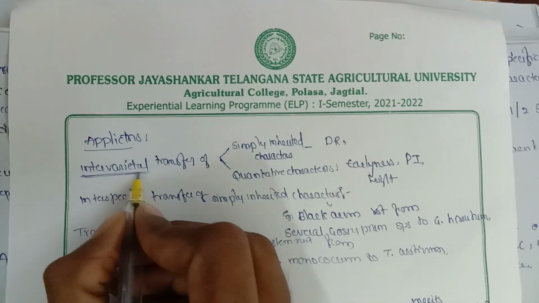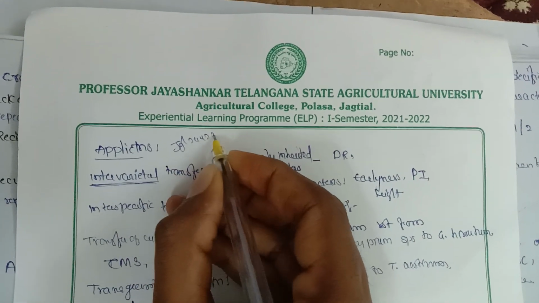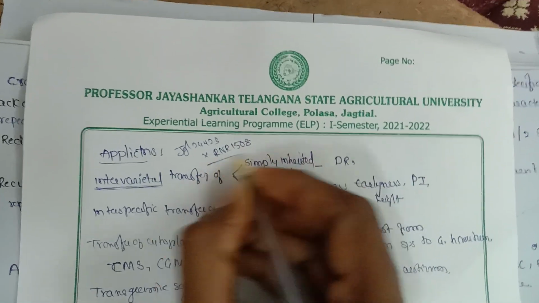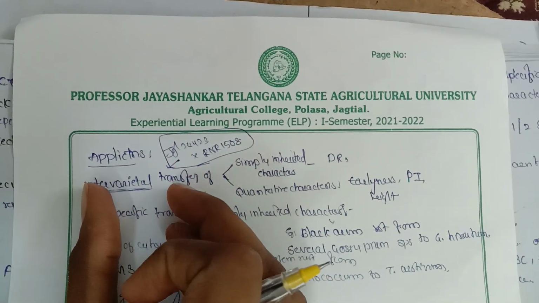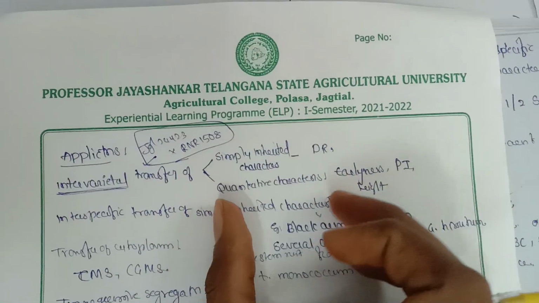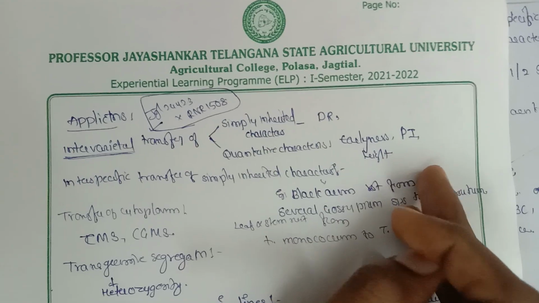It is a cross between two varieties, for example JGL 24423 crossed with RNR 1508. These varieties belong to the same species. Quantitative characters are earliness, panicle initiation and height.